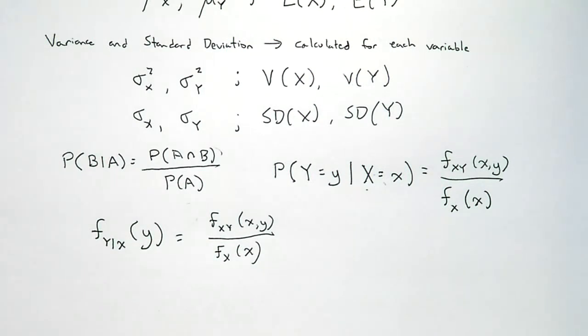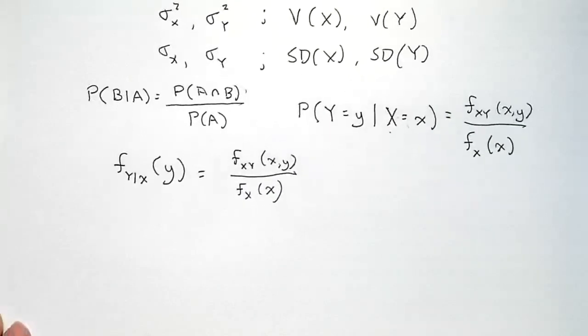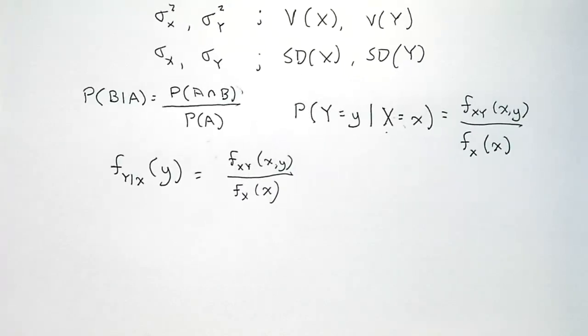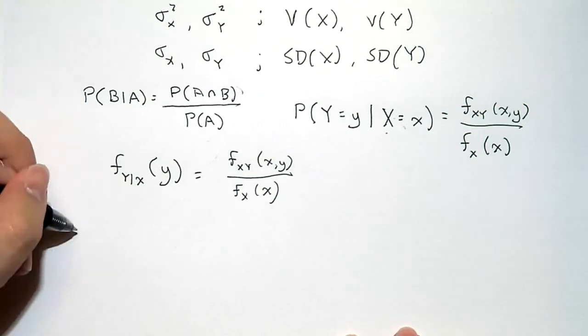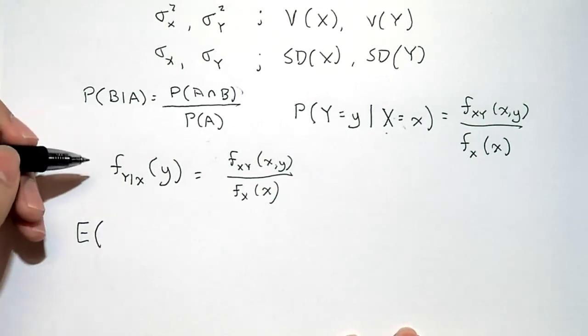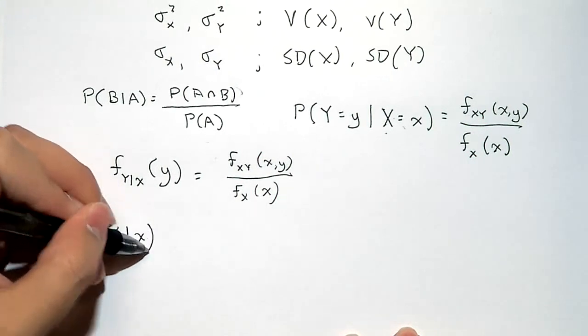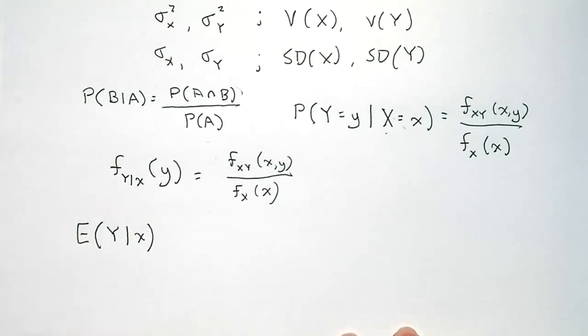All right. In addition to conditional probability, we can also find conditional means and conditional variances. We say the conditional mean, and I'm just going to use the function, we can express it as the mean of y given x. And I'm actually going to write down just the general form of it, the integrated form.